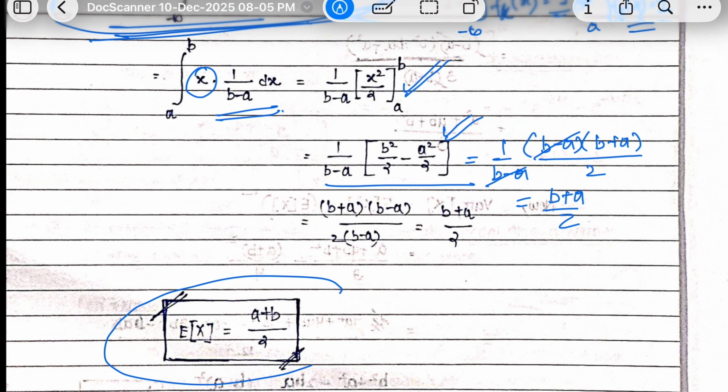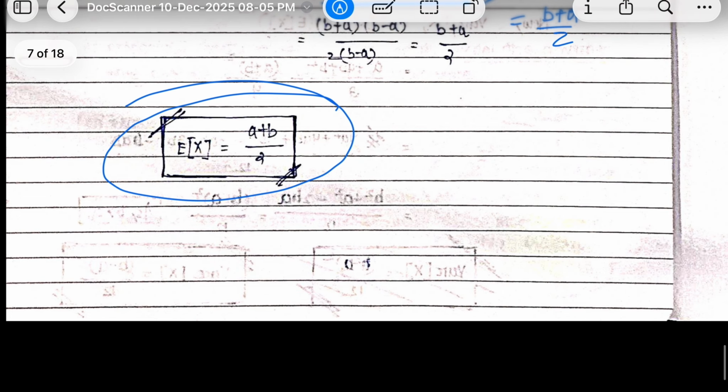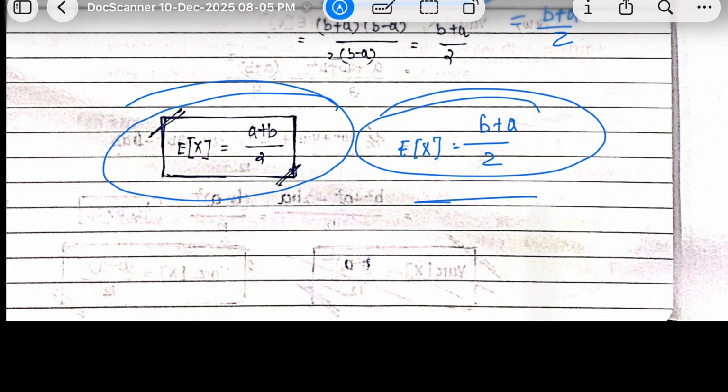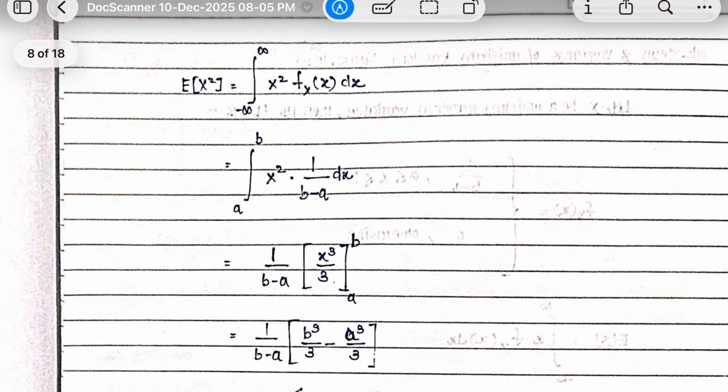This is the formula for the expectation. Okay, I think everyone is clear on how these properties work. Remember b plus a by 2 because it will help you learn the variance part also. So now moving on to the variance.